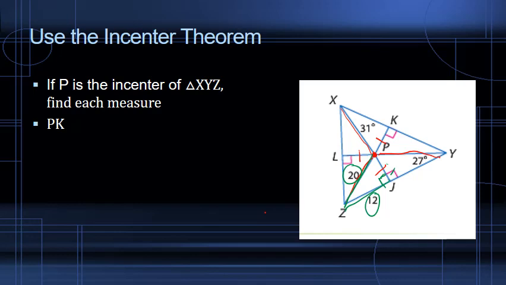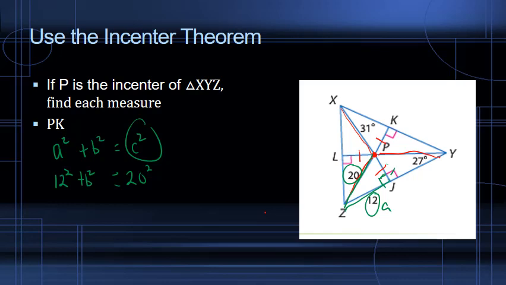Now, the Pythagorean theorem says that a squared plus b squared equals c squared, where c is the hypotenuse. We know that the hypotenuse is 20, so 20 squared. And let's call this side we know 12, so 12 squared plus b squared. That's PJ. We're going to try to find PJ and then conclude that it's congruent to PK by definition of the Incenter Theorem. So let's solve for b squared.